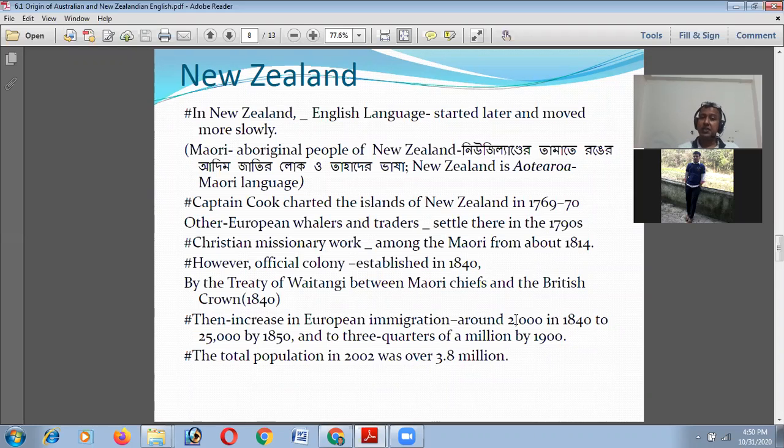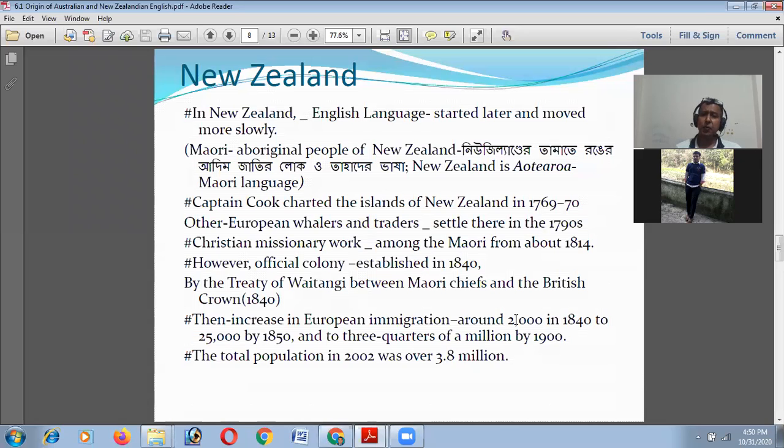Christian missionary work among the Maori also began from 1814. However, the official colony was established in 1840 in New Zealand.